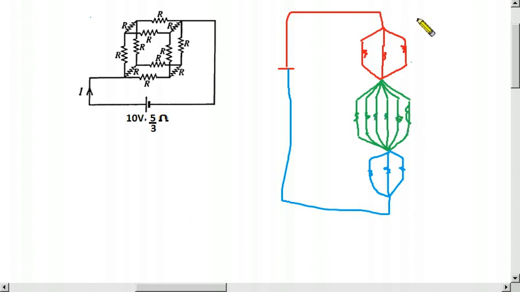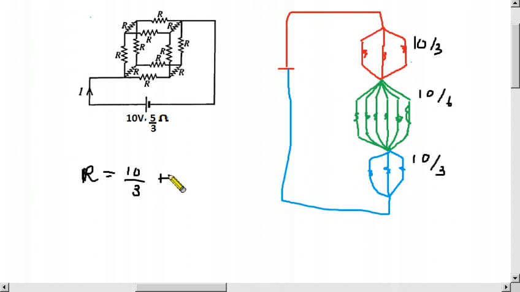So the values are now 10 divided by 3, because each is 10 ohm, here 10 divided by 6, here 10 divided by 3. Altogether the equivalent resistance is 10 divided by 3 plus 10 divided by 6 plus 10 divided by 3, because these are in series now.